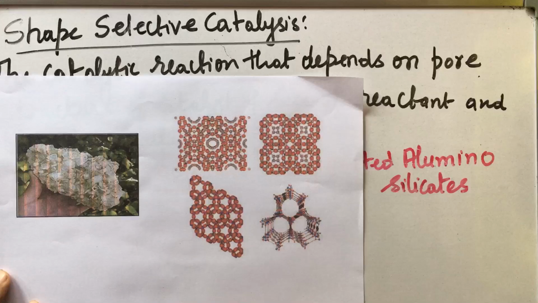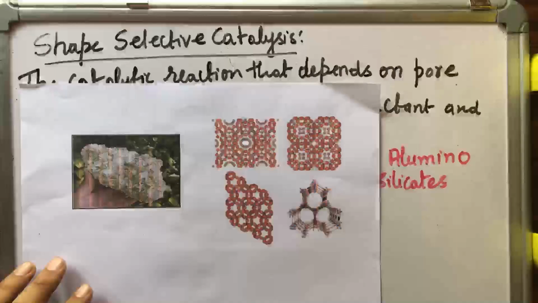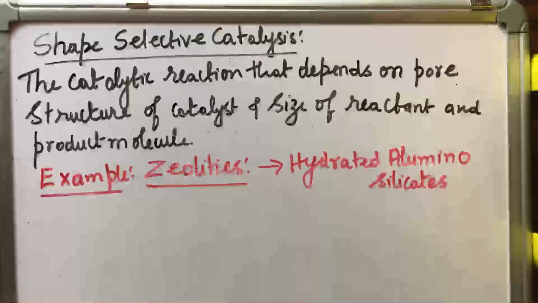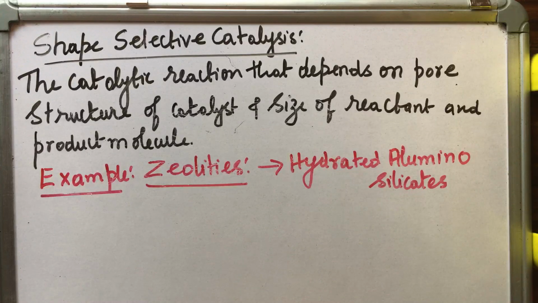I told you that this was asked in your second PUC annual examination, March 2020. Note down the question, students. Why are zeolites good shape selective catalysts?